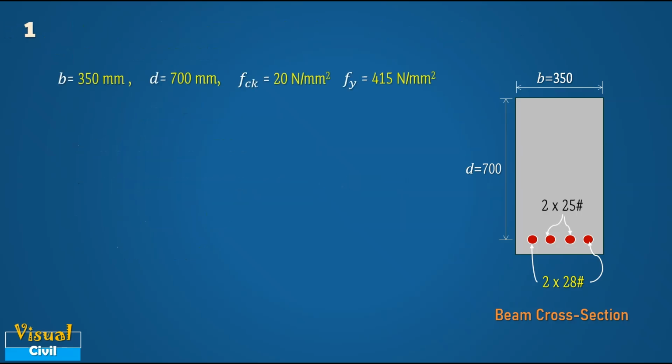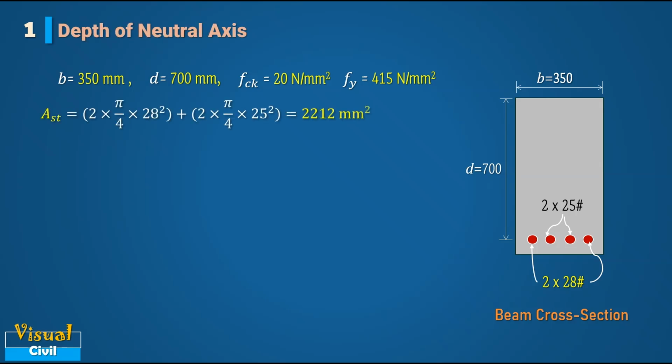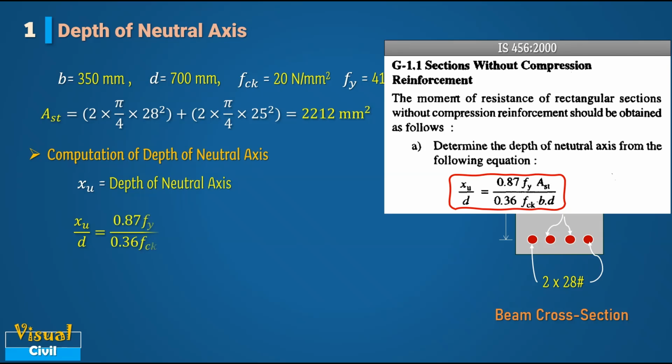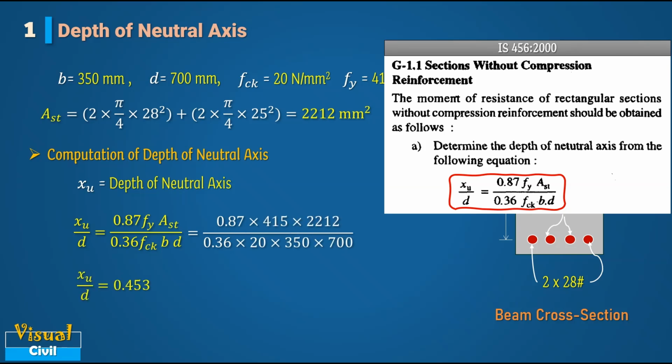Let us start with the first step to determine the actual depth of the neutral axis XU. To find this, we will use the equation given in clause G 1.1a of the code. After substituting all the required values into the equation and solving, we find that the ratio of XU by D comes out to 0.453.